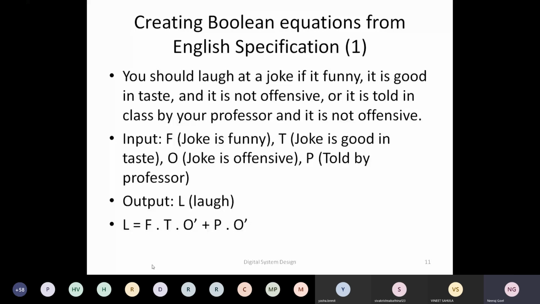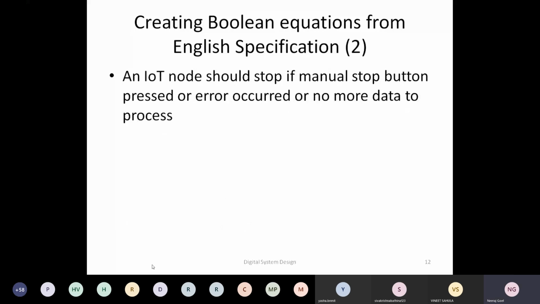So let's take a more concrete and technical example. Let's say I have an IoT node which should stop if the manual button is pressed, or an error occurred, or no more data is there to process. Here again, we are going to identify the inputs. Input here would be manual stop, error, or data.